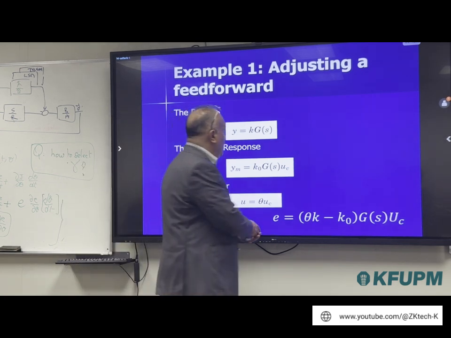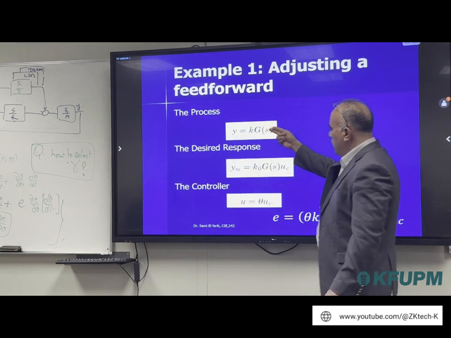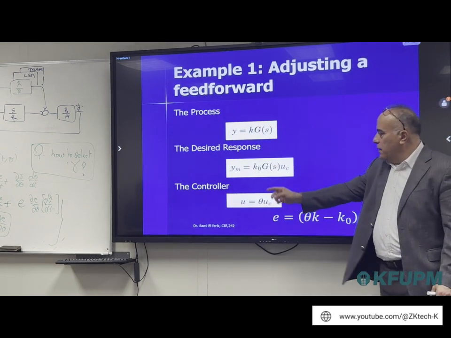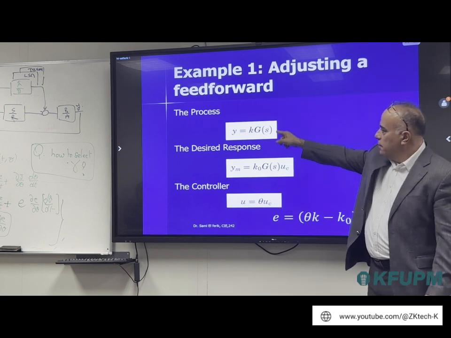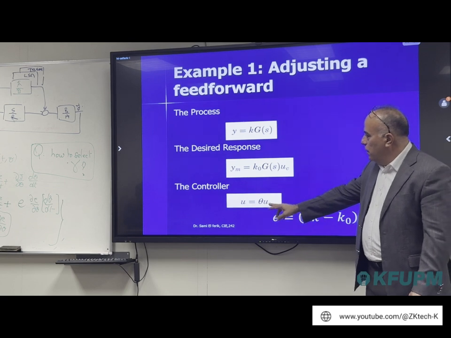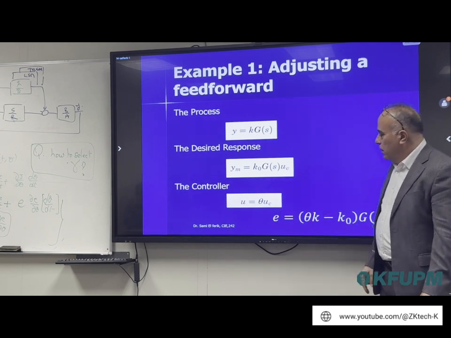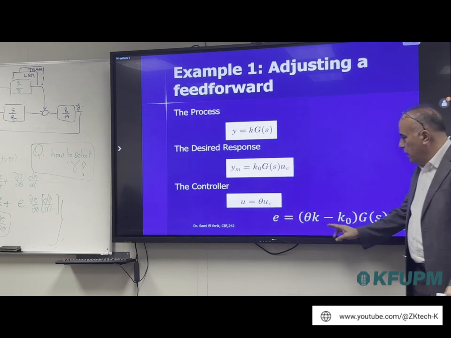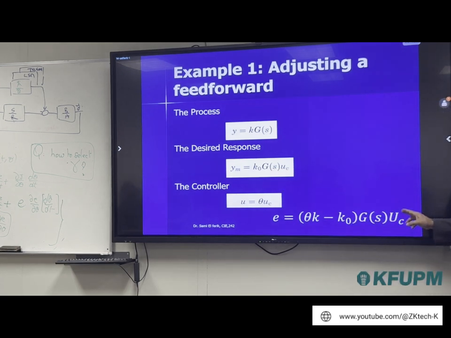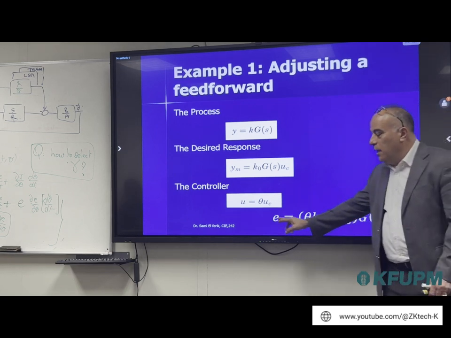When I look at the difference between the system and the model, the difference would be the control. There is a u missing here, I will add it. If we put u equal to theta times uc, we will have theta times k minus k0, multiplied by G of s, the whole thing multiplied by uc. And this is my error.